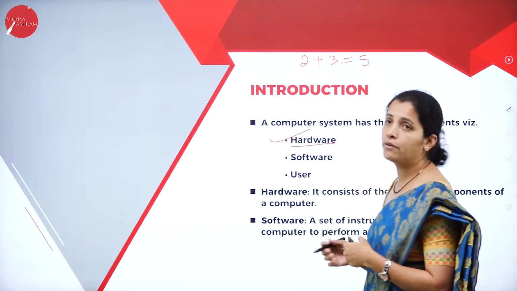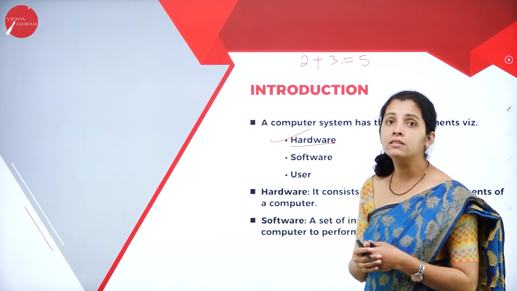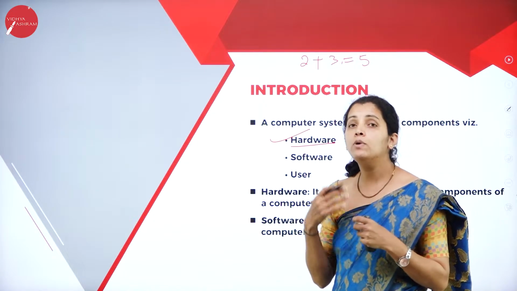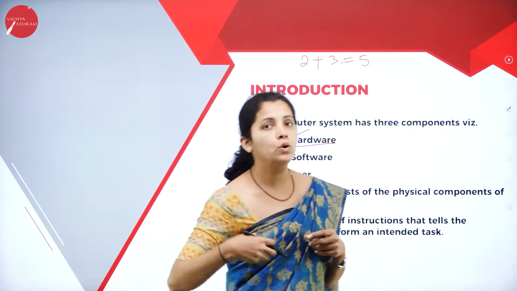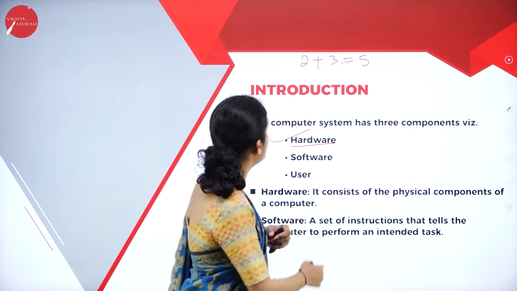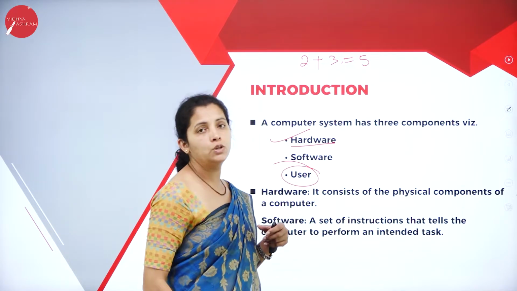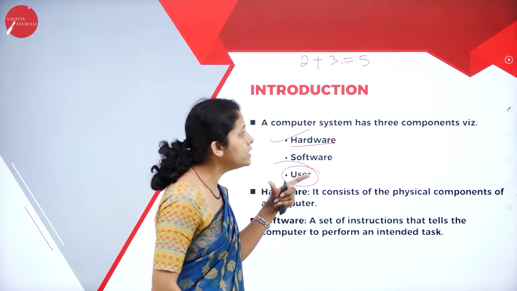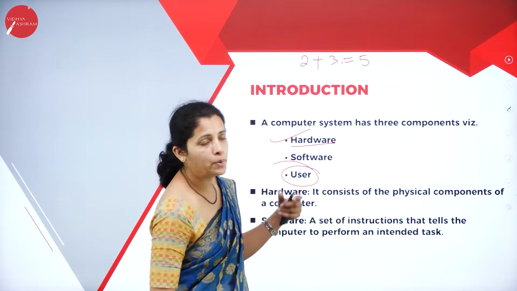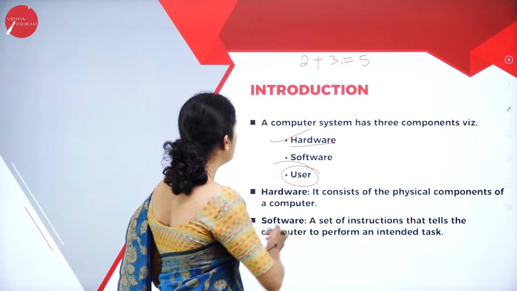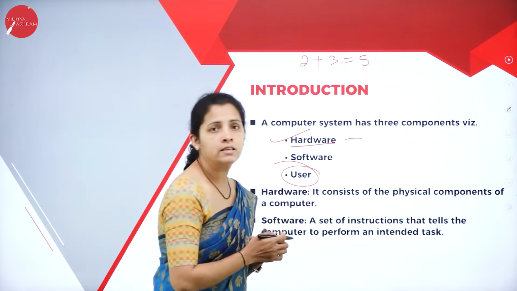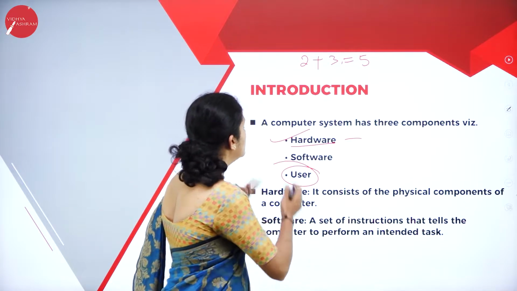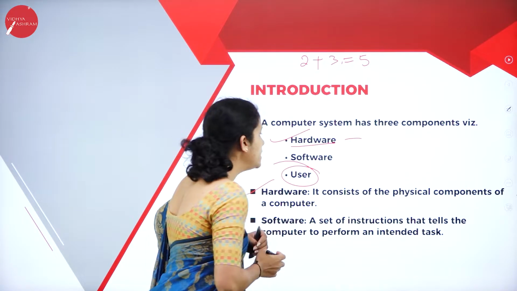Now what is hardware? Hardware is the physical component, that means I can touch it and I can feel it. Then what about the user? Users are the people or the person who is going to use the computer system. Examples of hardware are keyboard, mouse, etc. So what is hardware here?